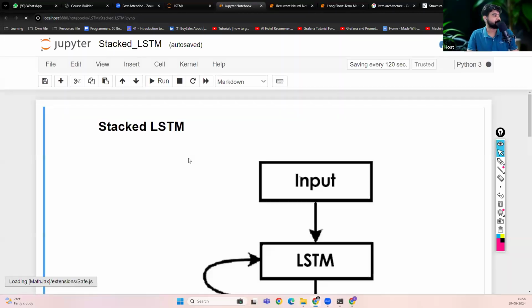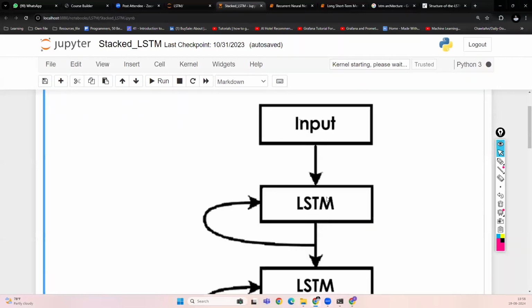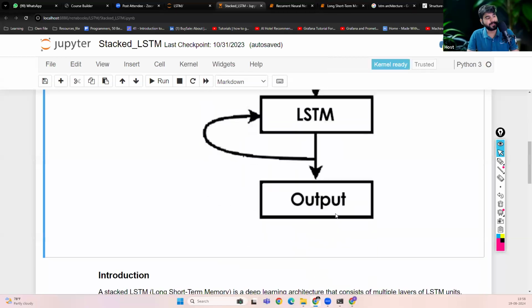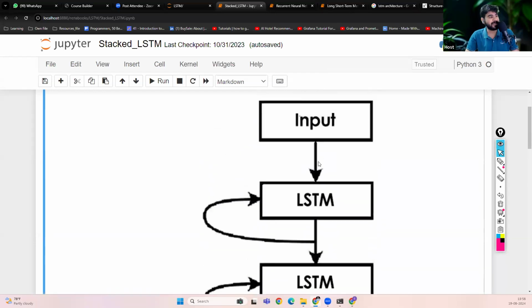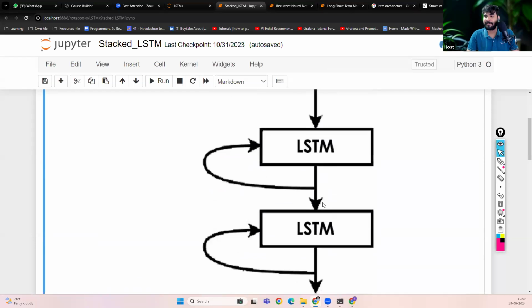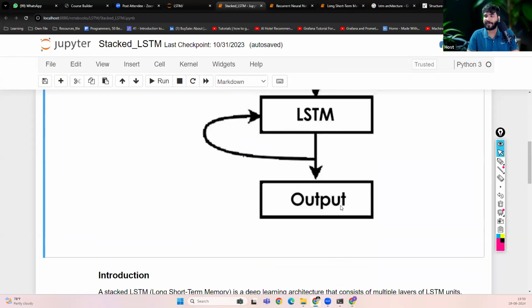Here you can see input, LSTM, again another LSTM, and then output. We can add multiple LSTMs, 1, 2, 3, 4 till n, between the input and output, and then we get the final output.